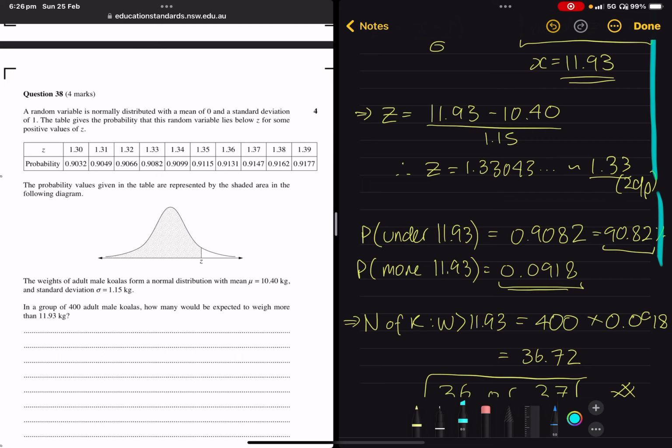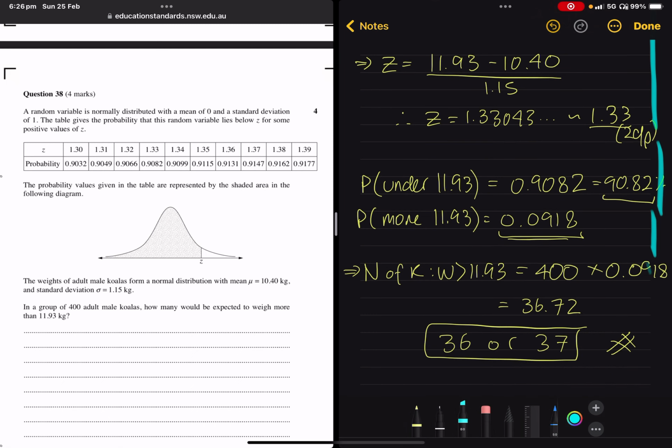You get a 3rd mark for finding the correct proportion of the group of koalas. So this will essentially be finding the 0.0918, because we're after the number that are greater than, not the number that are less than. And then you get a final mark for the answer: multiplying that probability by the 400 and then rounding that to either 36 or 37. So this is how we do question 38. And this question was present in the 2023 Standard 2 Math and 2023 Advanced Maths papers.